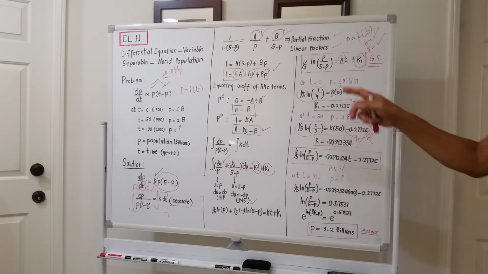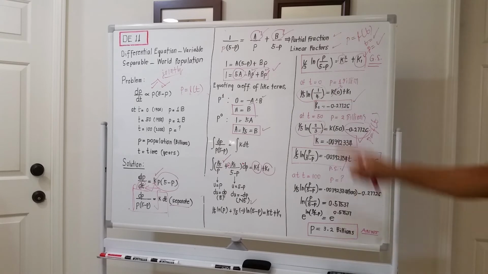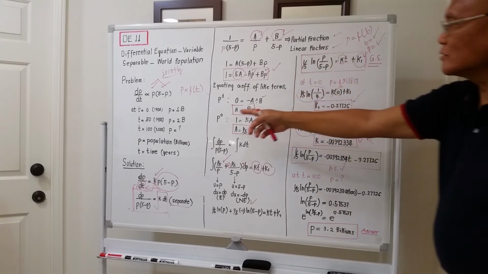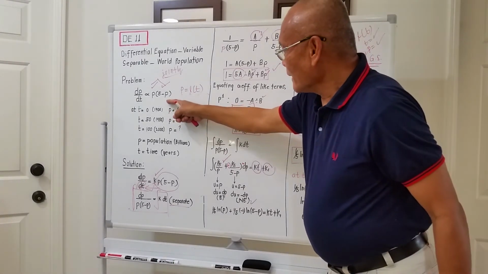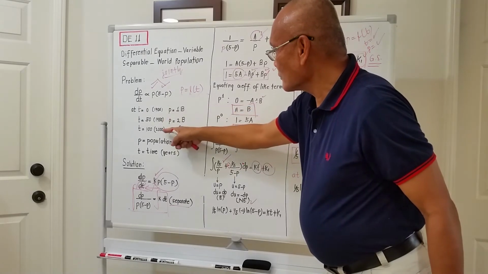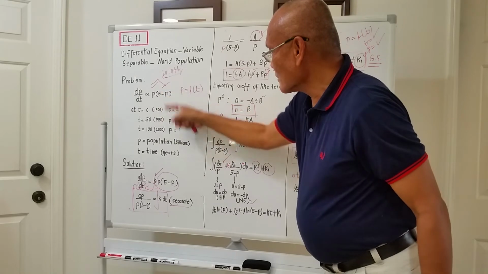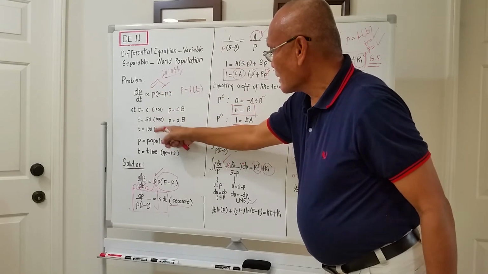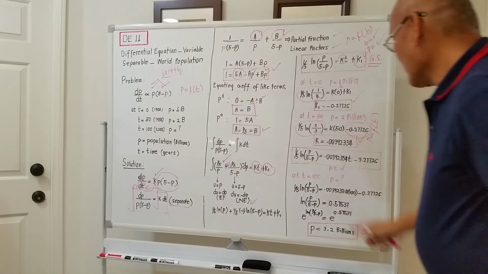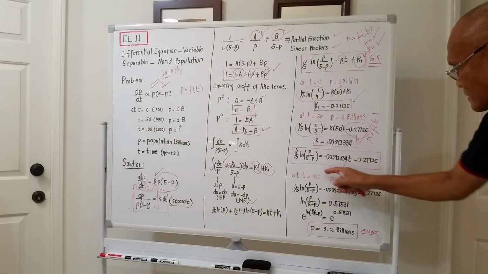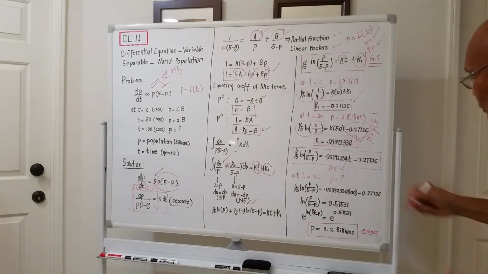So by the year 2000, or after 100 years with respect to 1900, 1900 plus 100 is actually 2000, right? So if this is 0, with reference to 0, year 2000 is actually 100 years. So at time t equal to 100 years with respect to 1900, what is the population of the Earth?